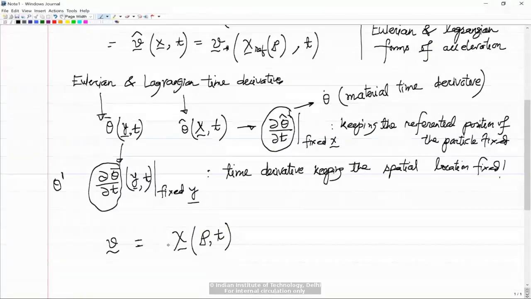So here it is clear, and which we also wrote above, that this is simply del x by del t, keeping the particle fixed, isn't it? And of course, you got the two velocities, the Lagrangian v hat and Eulerian v bar.